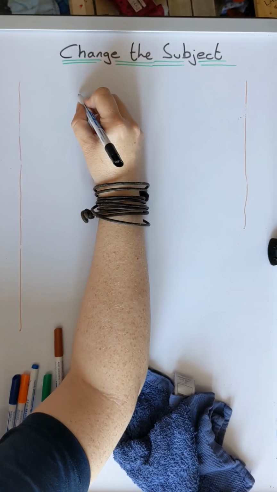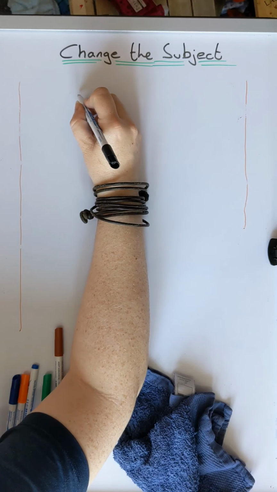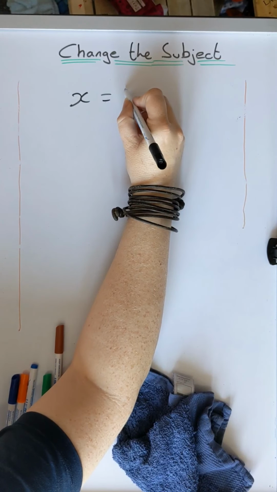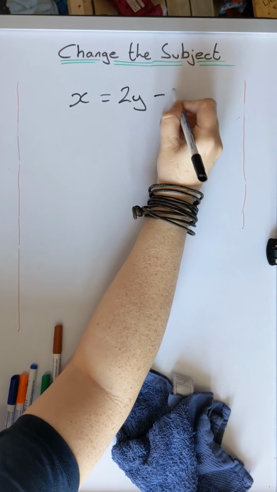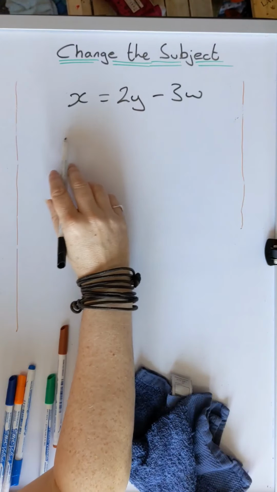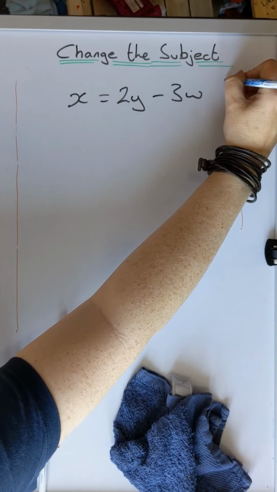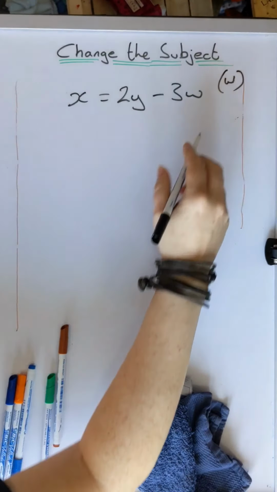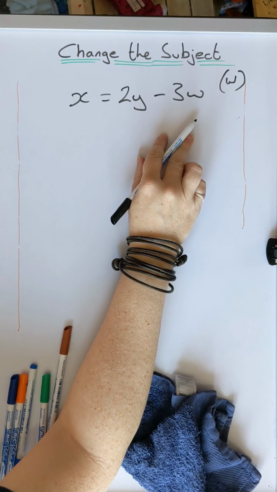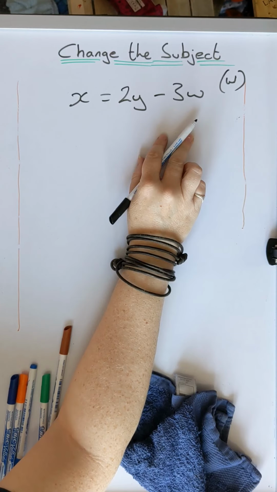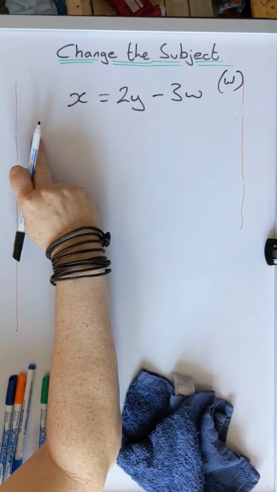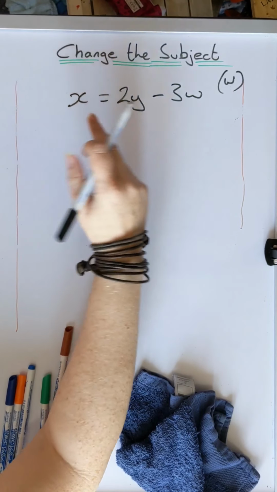If I had x equals 2y minus 3w, and I'm wanting to find w, then what I need to do is get the w on its own, and I'd prefer to have it as a positive, so I'm going to take it from this side where it's negative to the other side where it's going to be positive.